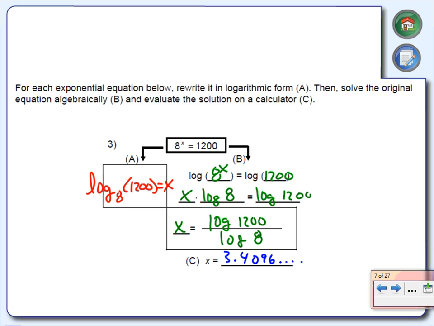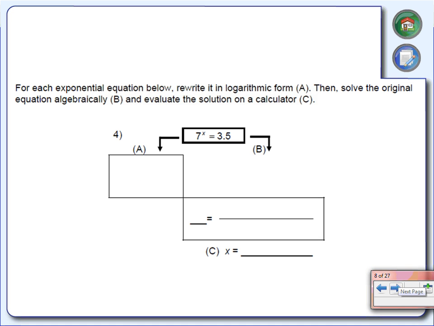We're good? All right, I want you to try number 4 on your own for me. Do the same thing. For part A, you're going to rewrite in the form of a log. For part B, you're going to solve it.